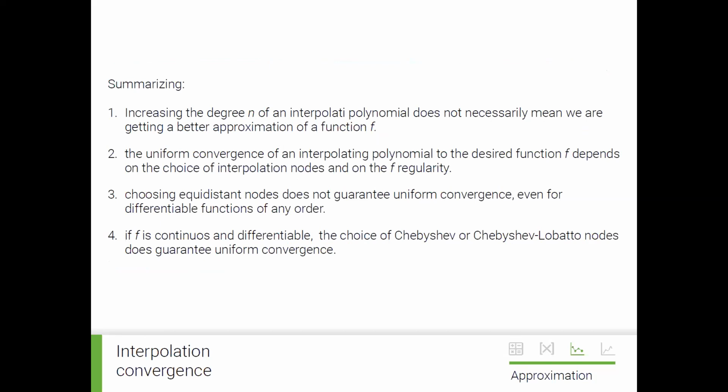So we can summarize here. Increasing the degree n of the interpolation polynomial doesn't necessarily mean we are getting a better approximation of the function f. We considered this example, yes? So it's not a good idea to continue here.